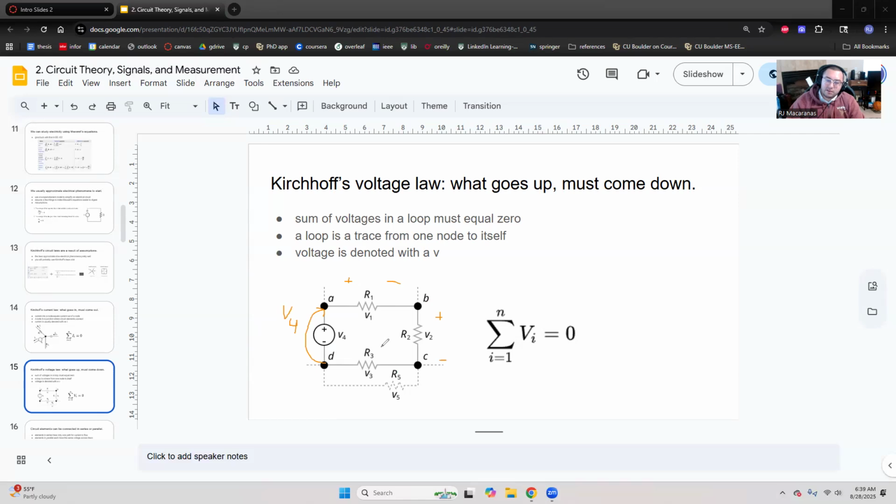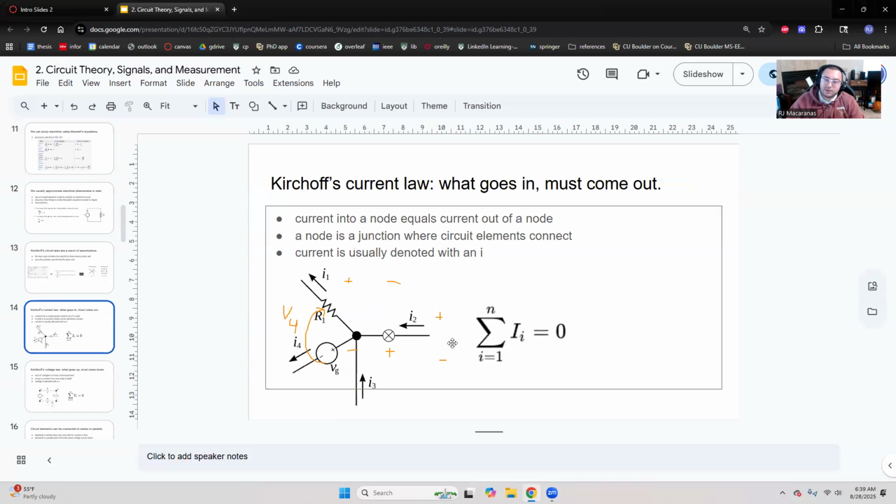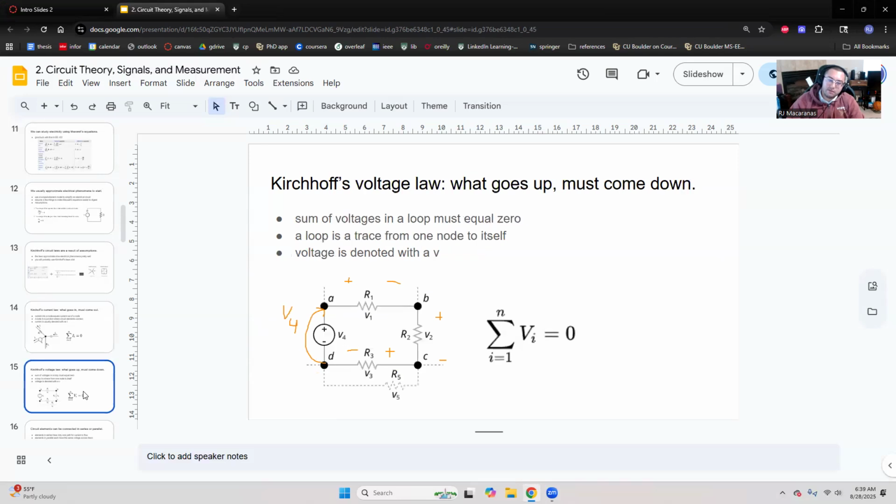And so you'll notice that voltage is defined between 2 points, right? So going back to current really quickly, current is defined as going through an object, right? So it goes into the object and it comes out of the object. Voltage, on the other hand, is called an across variable.